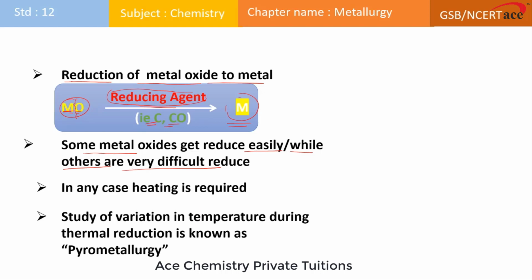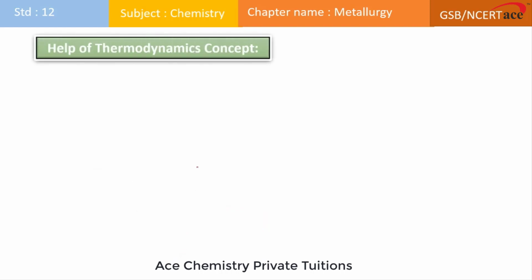So basically in science, the study of variation of temperature during thermal reduction, we refer to as what? Pyrometallurgy. So whenever we carry out pyrometallurgy, we always take the help of what? Thermodynamic concepts.